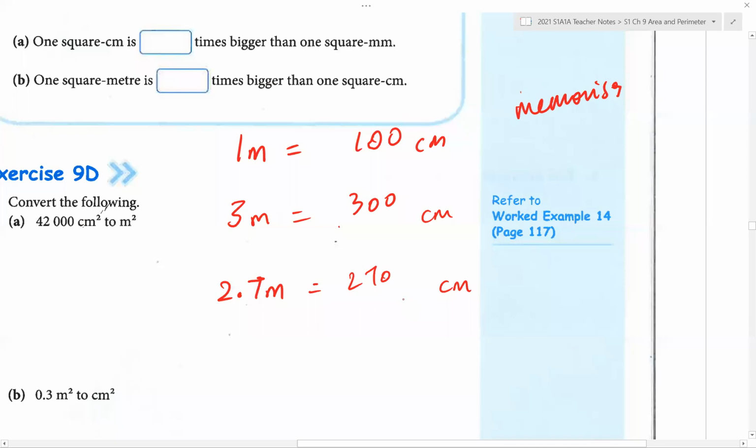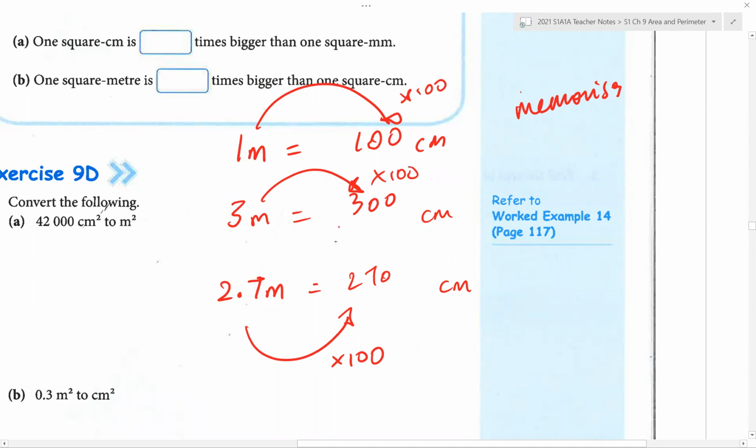How do you get 270? Times 10? Okay, take a calculator, multiply by 10. Do you get 270? Add a 0. So is it times 10, Fari? Times 100. Okay, so from meters to cm, what do we need to do? Times 100, yes?